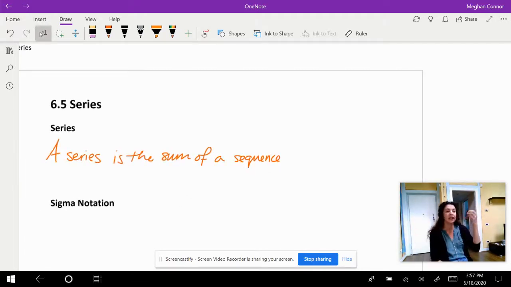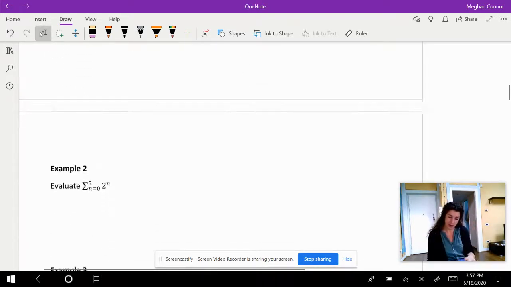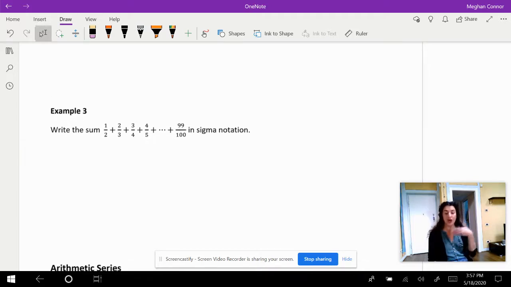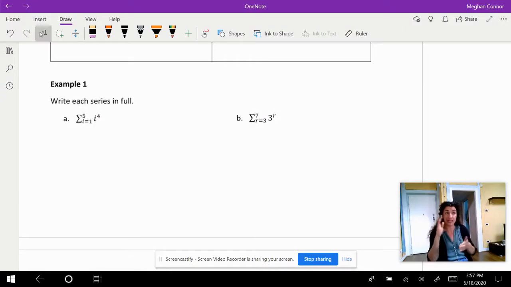And so you'll see a list of numbers, like we can go down below to our notes, you'll see a list of numbers like here in example 3 where we're adding them all up. Now we could still think of it and picture it with a comma in between and try and figure out what is the pattern from term to term to term. But then we take all of those terms and then we add them together. It could also be a repeated subtraction or it could be an addition and then a subtraction if it's a geometric sequence.